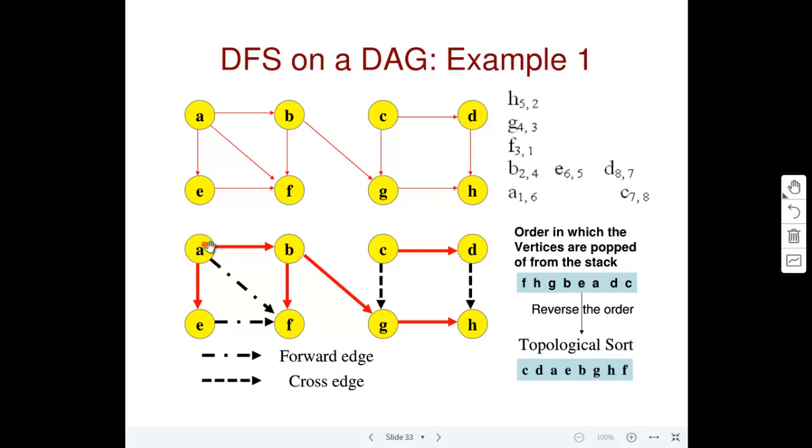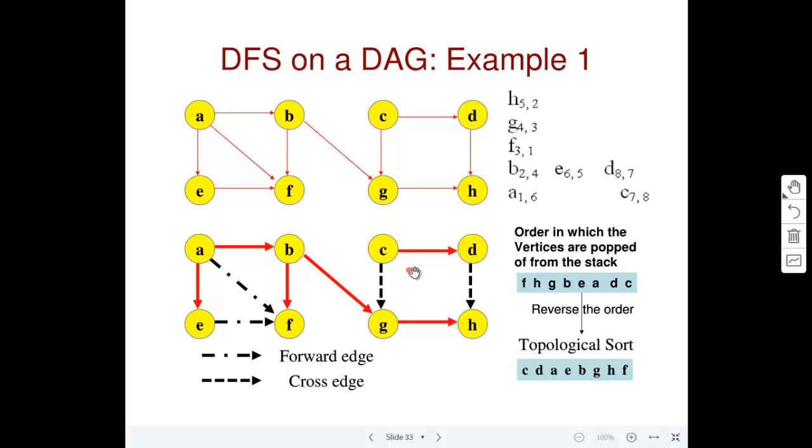That means C and D have not yet been visited. When you started this depth first search from A, you were able to visit only A, B, E, F, G, and H, and C and D are not yet visited. So we'll have to start a new instance of depth first search from C or D, one of the two vertices.